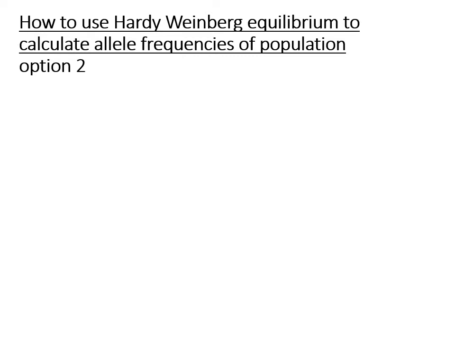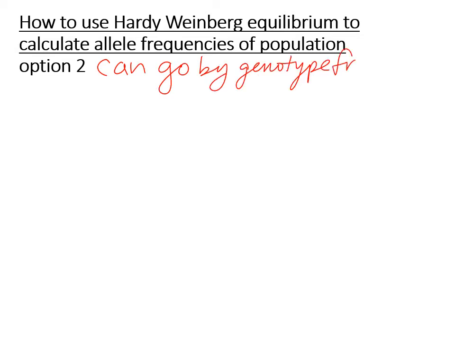The second way that you can get allele frequencies is you can go by genotype frequencies. Now we said there are 3 genotypes in this example.